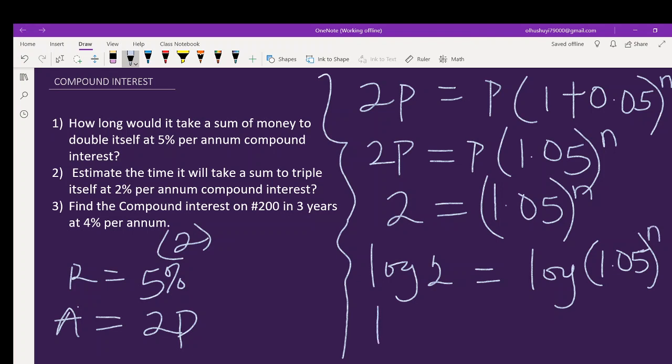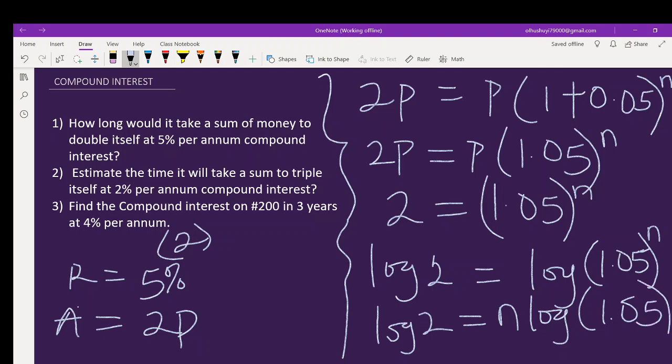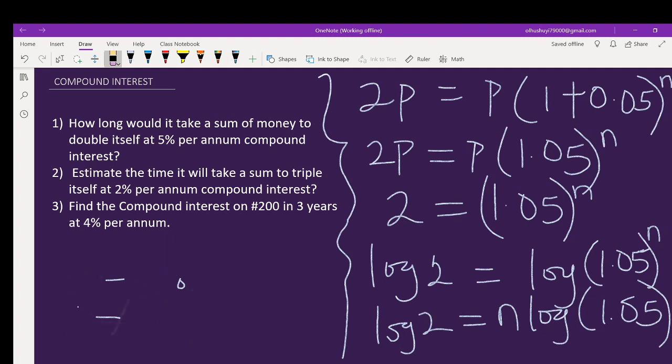And this can also be written as log 2 equals n log 1.05, in laws of logarithm, like I've mentioned in the logarithm topic we treated. Since you have taken the logarithm of both sides, your n you can factor out.